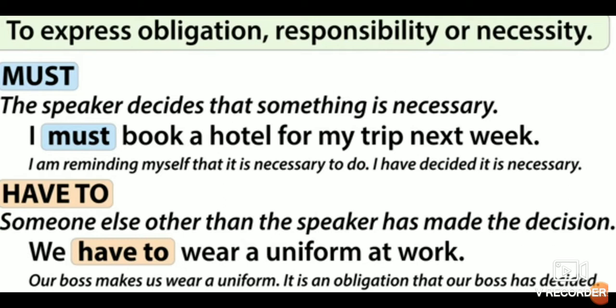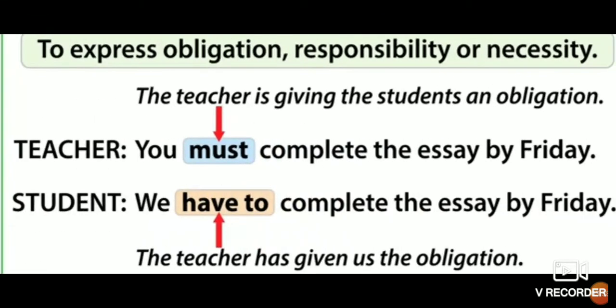So our boss makes us wear a uniform. It is an obligation that our boss has decided. As I have told you, it expresses obligation, responsibility or necessity. So it is the obligation that the boss has decided, that we have to wear a uniform at work. So we have used have to here.